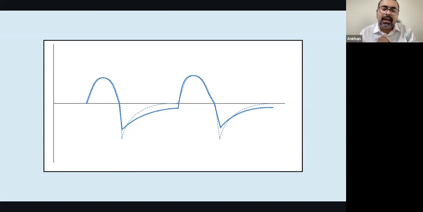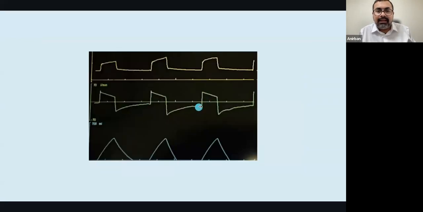So this is called dynamic hyperinflation, and this is one of the most important reasons for respiratory failure in our COPD patients. So yes, if the flow is not meeting baseline before the next breath is initiated, you should suspect air trapping and dynamic hyperinflation, especially in your COPD patients.